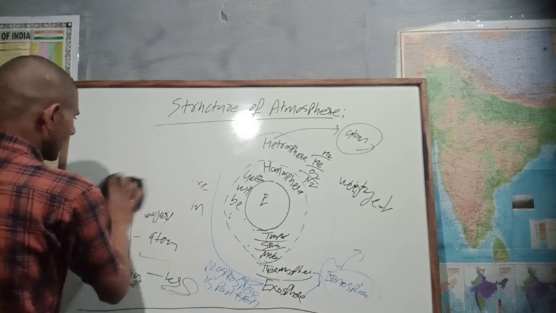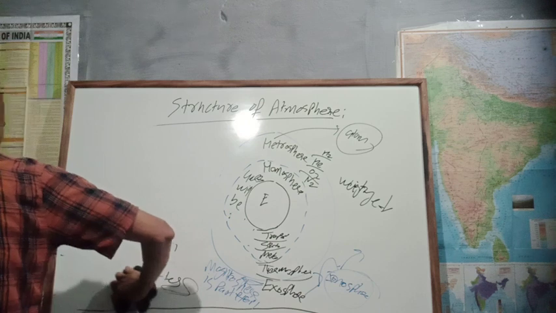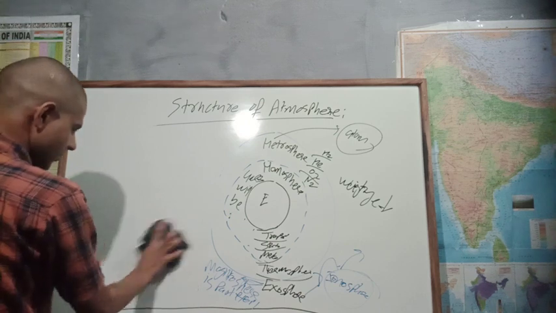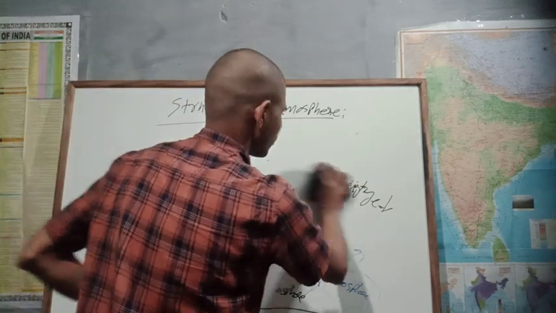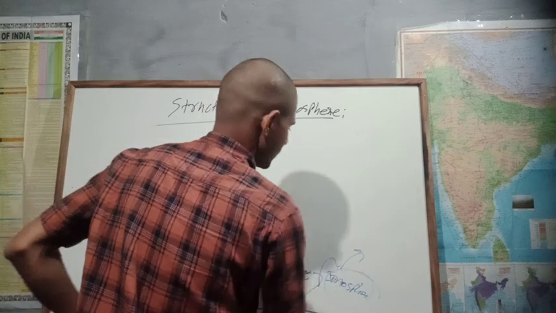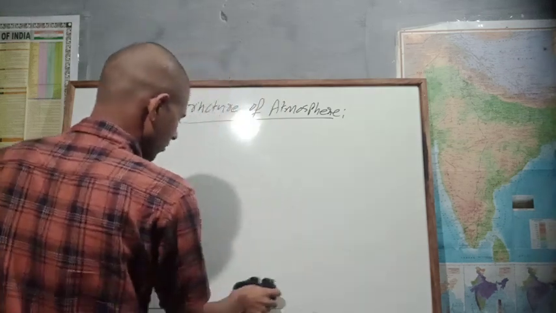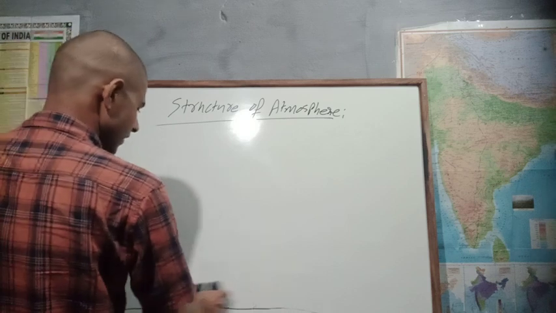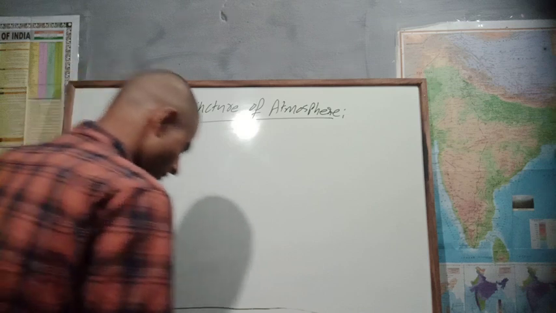Guys, I want you to look at a diagram in the NCERT. I guess the page number is around 73. Let me see it. We also want to draw it on our board, but it's better if you have a look at that as well.